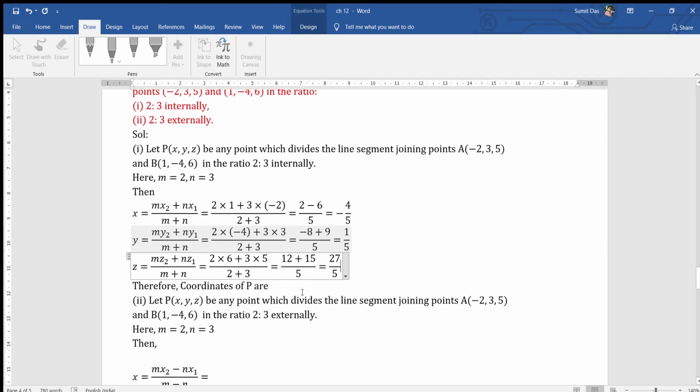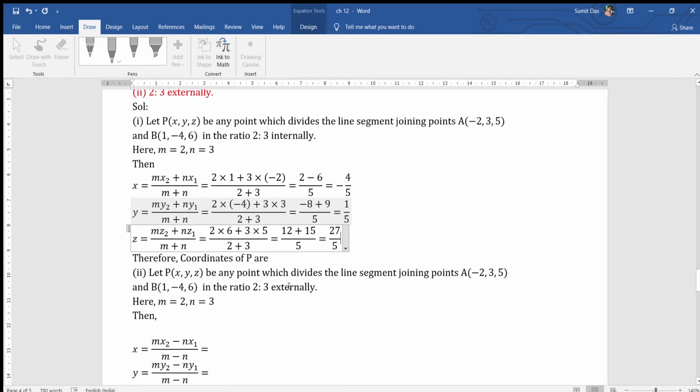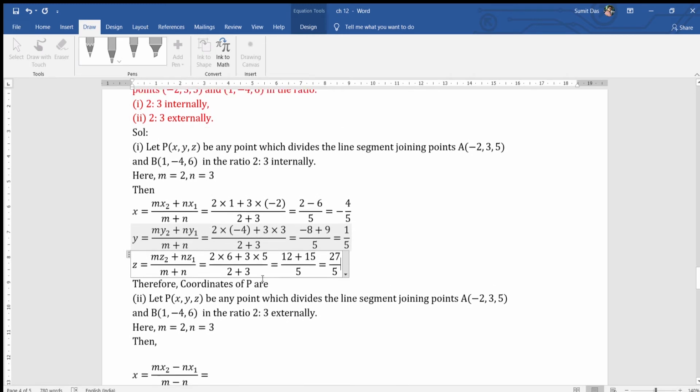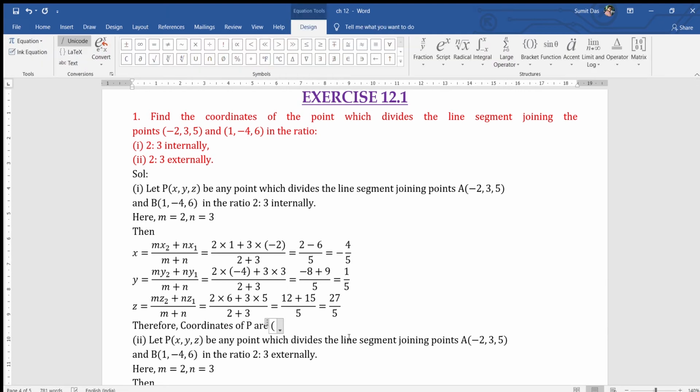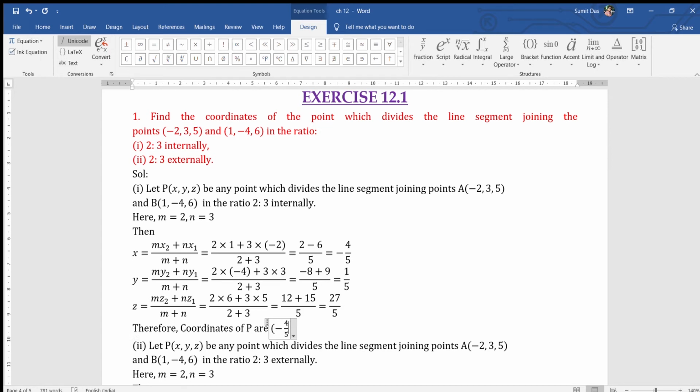Now the coordinates of the point R, you have to write like this: minus 4 by 5, then 1 by 5, then 27 by 5. That's our answer.